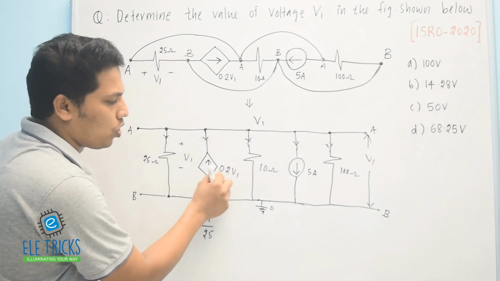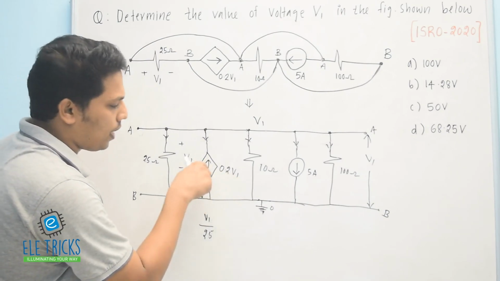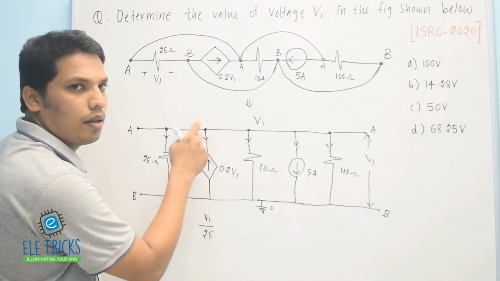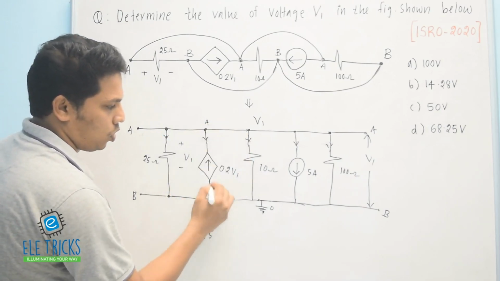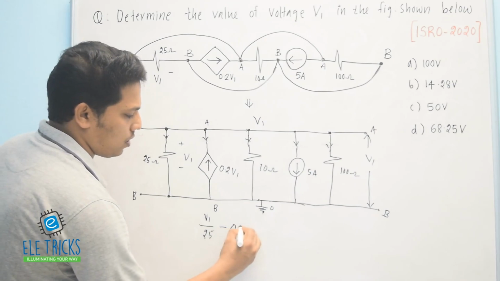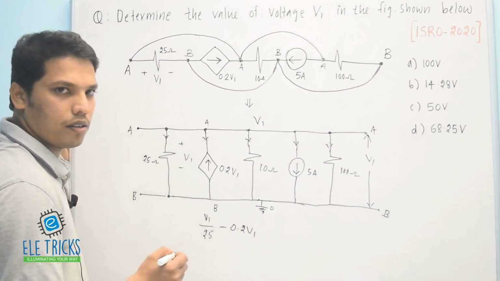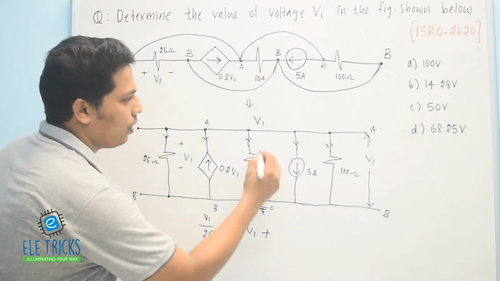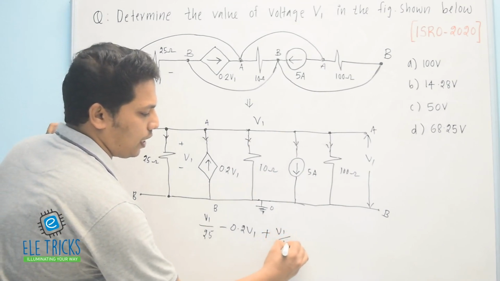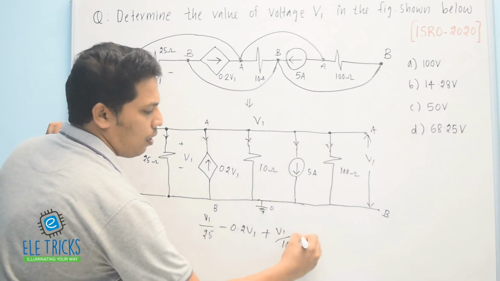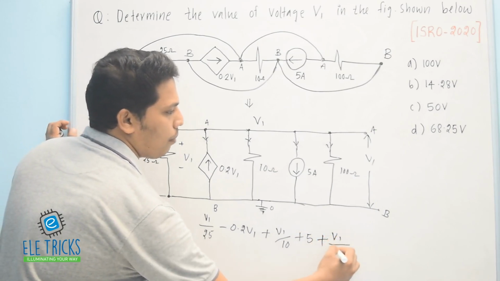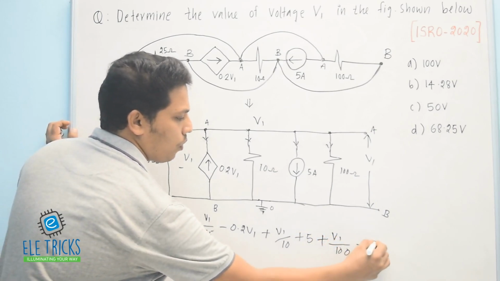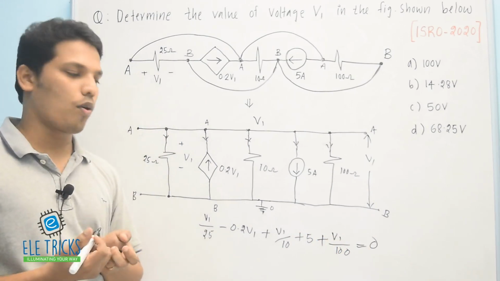The value is 0.2 V1, but it is directed towards A. But I am considering all currents from A to B. So here I am considering this as minus 0.2 V1, plus V1 divided by 10 current, plus 5 ampere, plus V1 divided by 100 is equal to 0. This is my node equation.